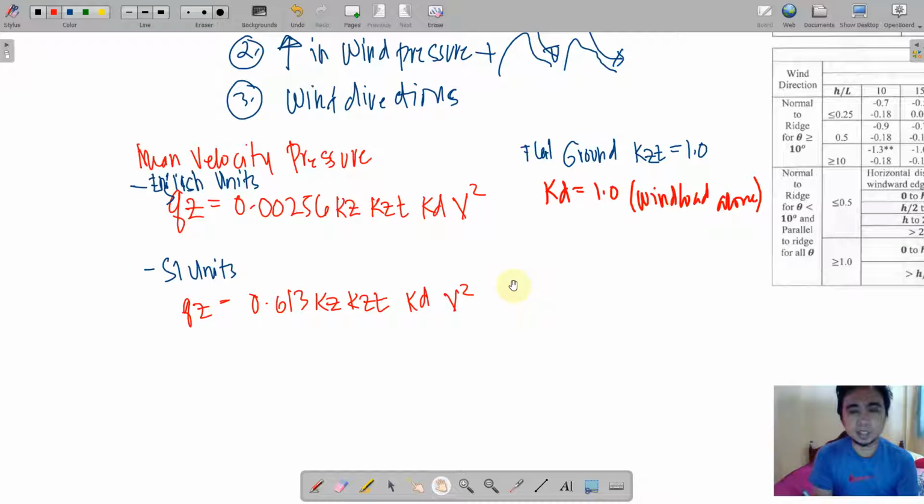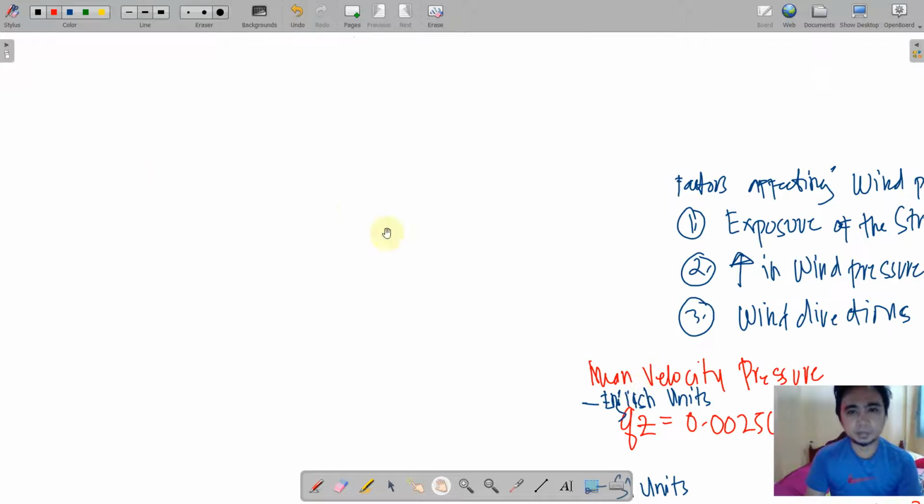Iba yung velocity natin dito sa Kalinga at iba yung velocity natin dun sa NCR or in Manila. So this can be found on the wind map present in the National Structural Code of the Philippines. In other countries, meron din silang wind map for that. Okay? So itong mean velocity pressure shall now be the basis for computing the design pressure P.